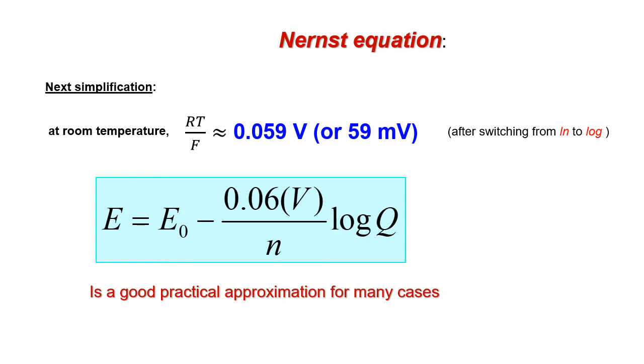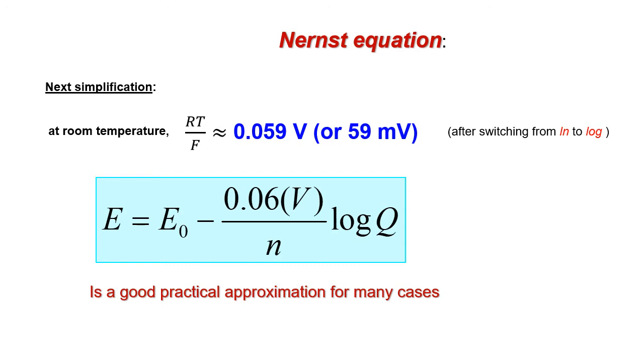Next simplification. We usually work at room temperature. At room temperature, RT divided by F will be approximately equal to 59 millivolts after switching from natural logarithm to the more convenient decimal logarithm.